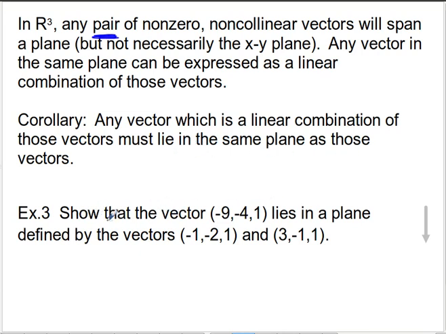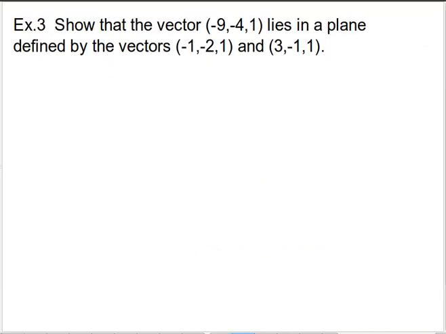So show that this vector, -9, -4, 1, lies in a plane that is defined by these vectors. And if it's defined by these vectors, it means this original vector can be expressed as a linear combination of these two.